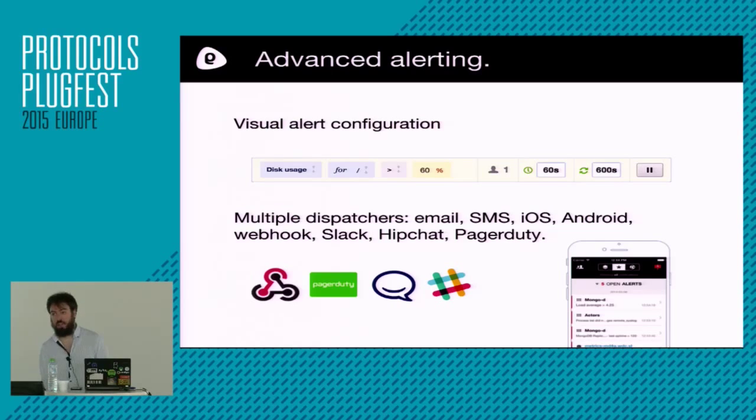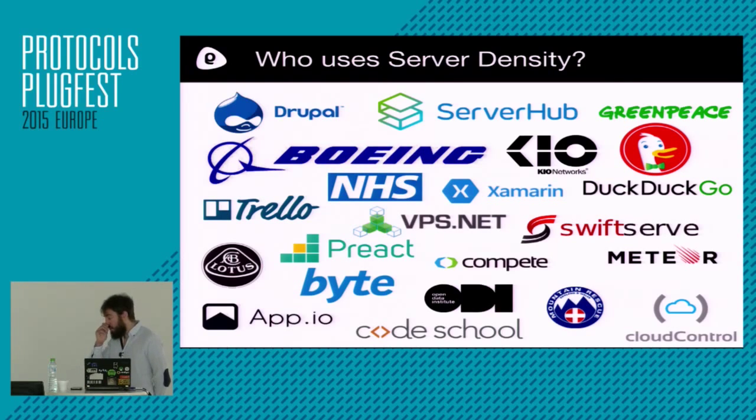You can use the web interface to do that, or you can use the API. We will see that later on. Everybody can configure alerts in a very, very easy way and dispatch the alerts to multiple places: email, SMS, iOS, Android, and some hipsters here in this room are using things like Slack or HipChat. You can also get notifications in there. Who's using Server Density? Well, we have many customers, as you saw.